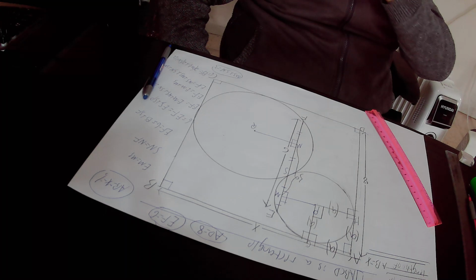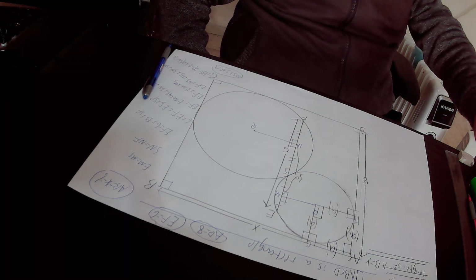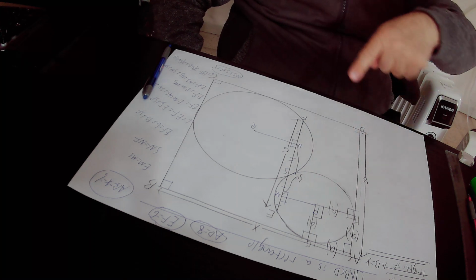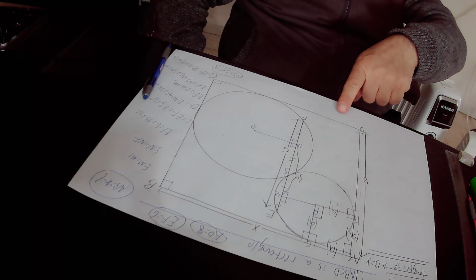In the next step, we'll extend the radius GP by a straight line until it touches side DC.